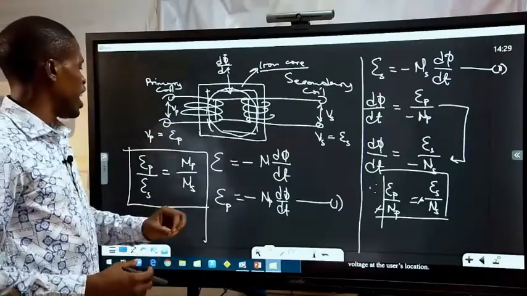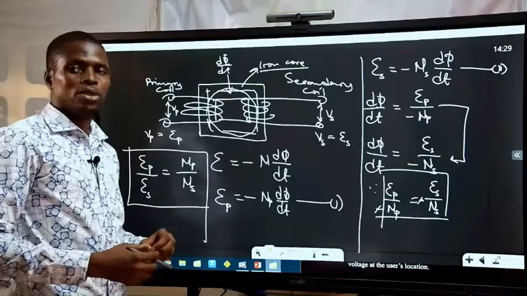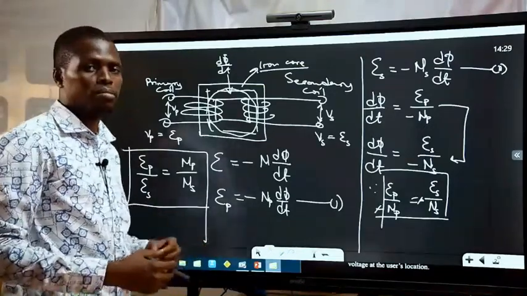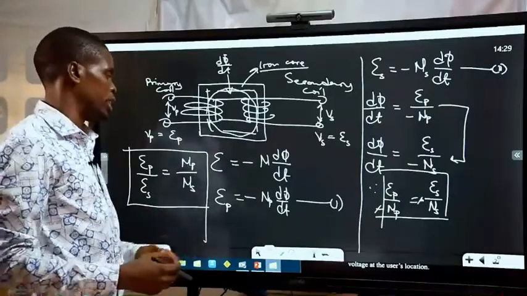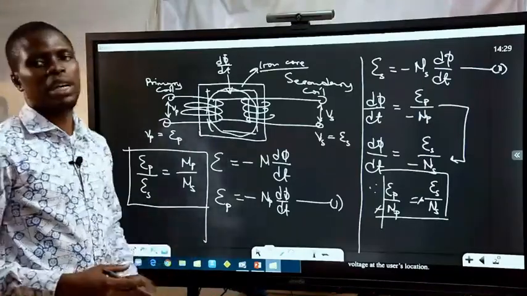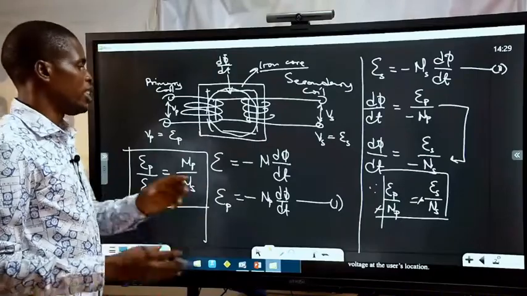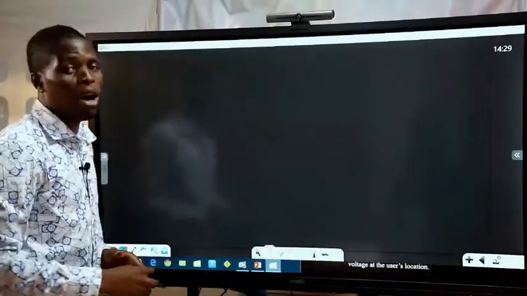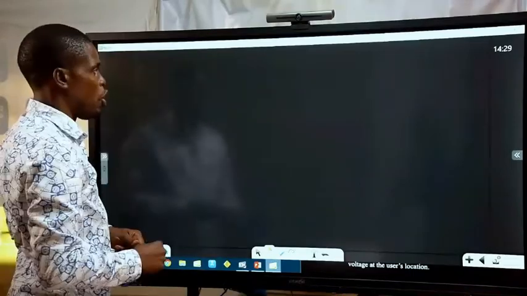When the voltage at the primary is 200 volts and the voltage at the secondary is less than 200, maybe 100 or 120, then we talk about a step-down transformer. This step-up and step-down behavior is a function of the number of turns of the coils.